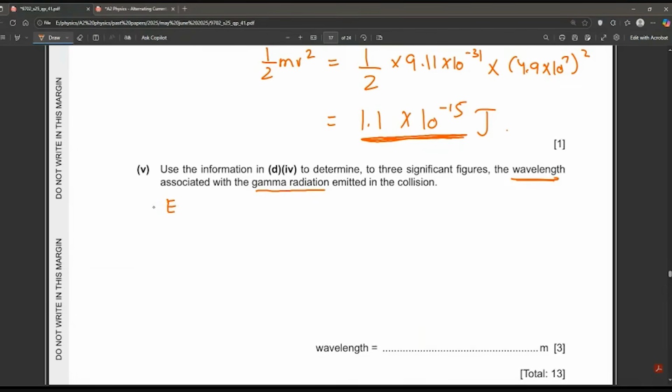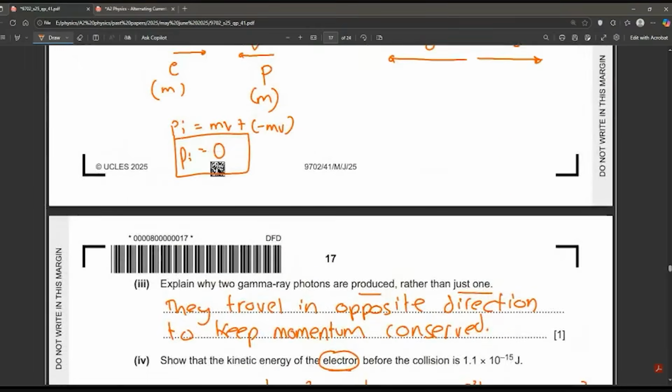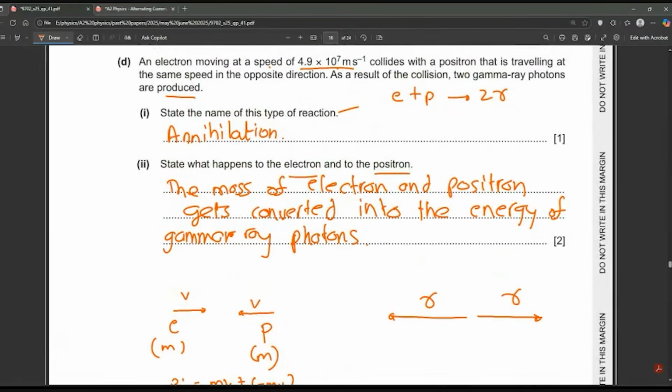How will you calculate the total energy of electron? बेटा इलेक्ट्रॉन की टोटल एनर्जी कैसे निकालोगे? फर्स्ट ऑफ ऑल, इट हैज सम अमाउंट ऑफ काइनेटिक एनर्जी दैट इज 1.1 10 raised to the power of minus 15 joules. Then do you remember in the process of annihilation क्या होता था?